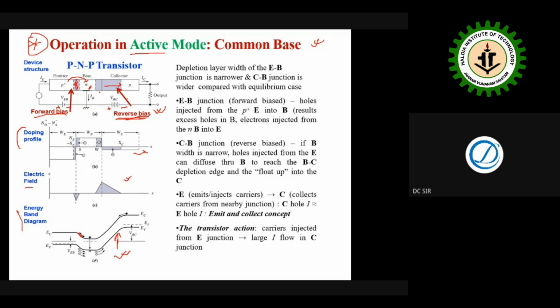But here, due to the reverse bias, the electric field is from N to P. So due to the electric field at this junction, the holes, these minority carriers, move from base to N immediately.